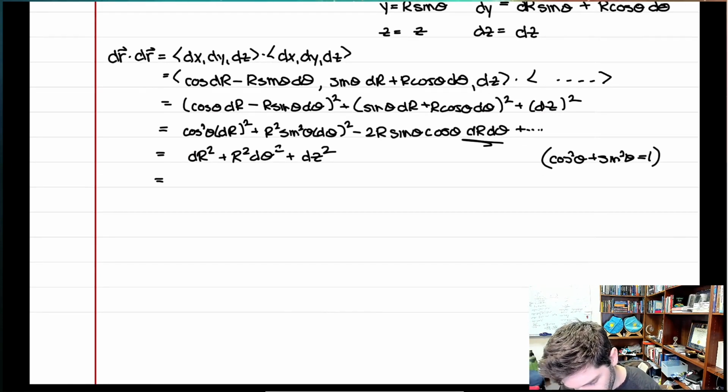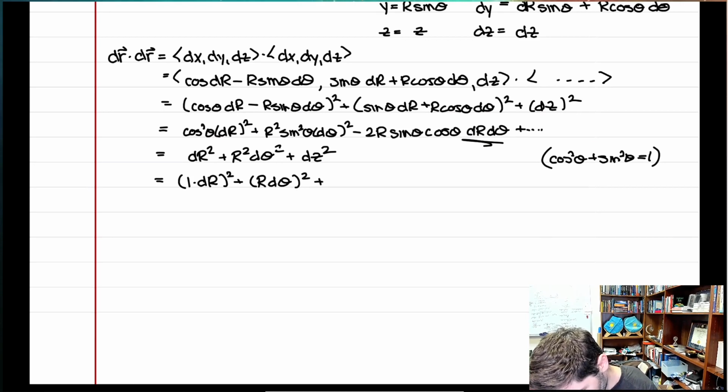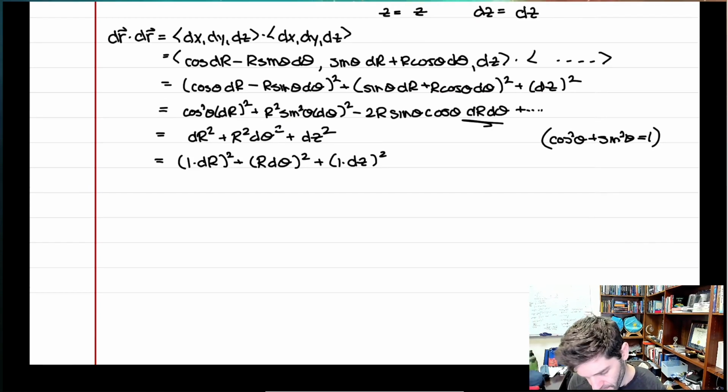So at the end of the day, this is 1 times dr all squared plus r times d theta all squared plus 1 times dz all squared. And we have identified the 3 scale factors.